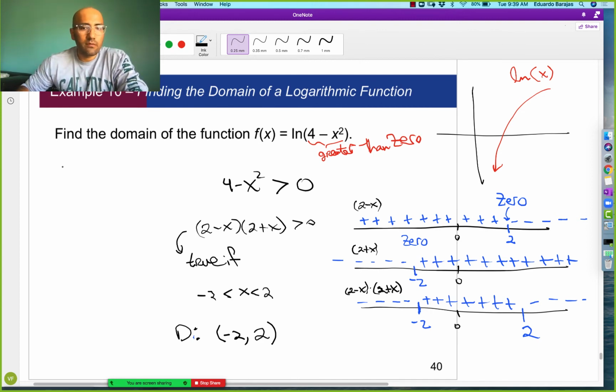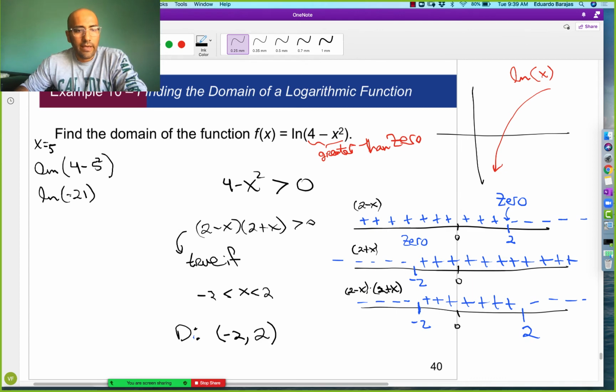So if we let x equal positive 5, we end up with 4 minus 5 squared, which gives ln of negative 21, and we know we have a problem. That's undefined. All right, so that means 5 is not in the domain of this function.